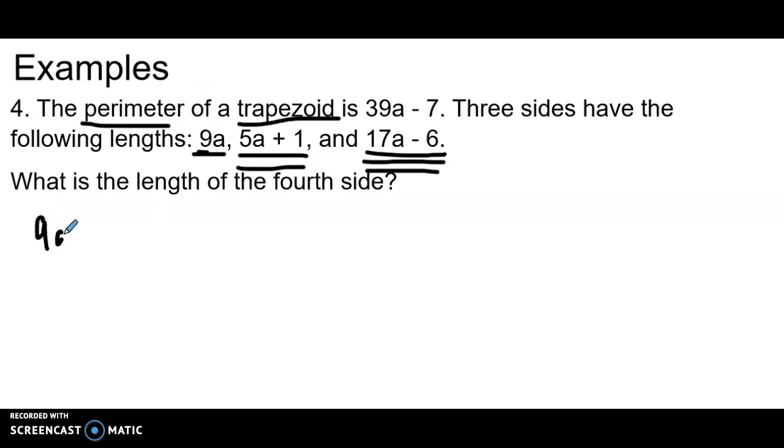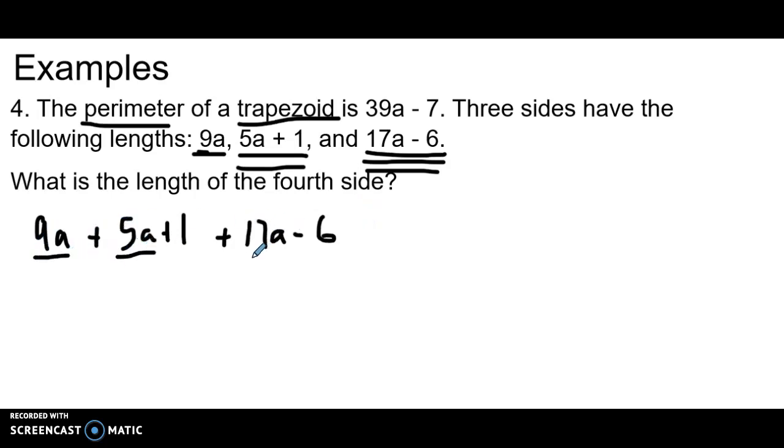We have 9a. We're going to add 5a plus 1. And we're going to add 17a minus 6. These are all a's.